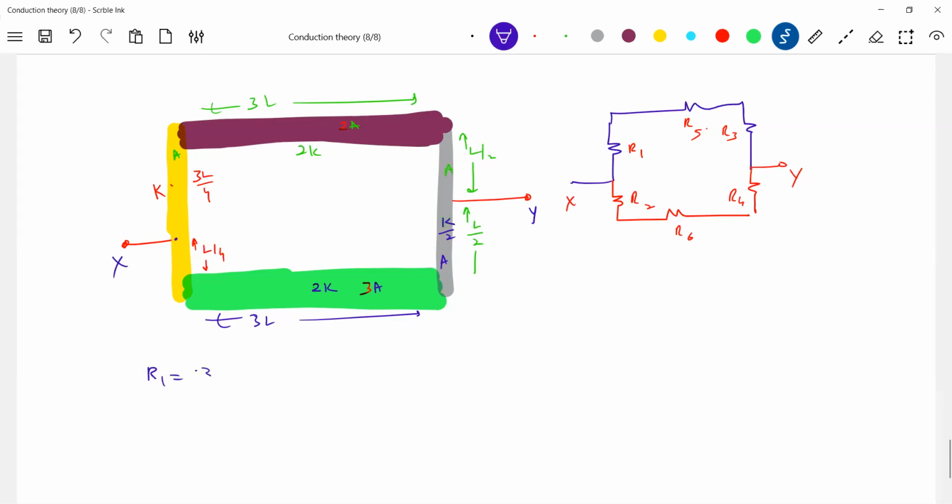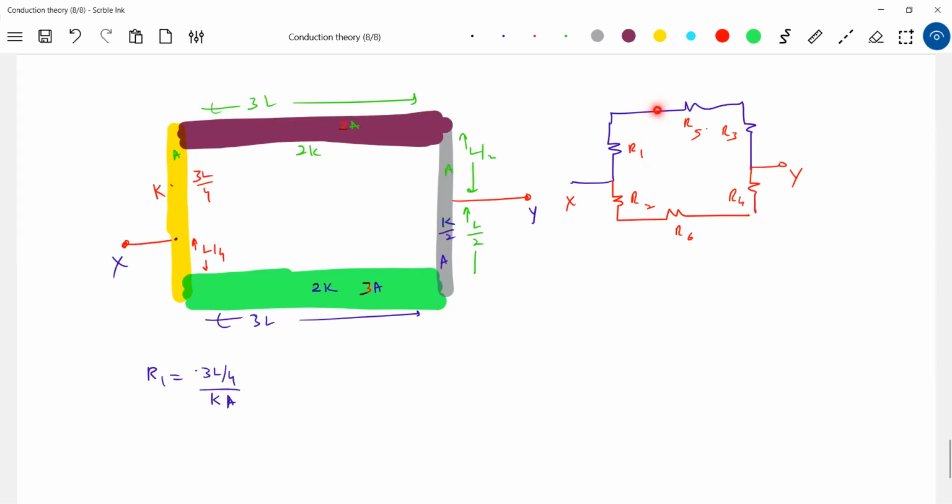How to calculate R1? R1 is equal to length 3L by 4, by thermal conductivity K and area of cross section A. And R1, R5, R3 are in series, no? We'll agree on this. Whatever heat current comes will branch here, and this same current will pass through all these three elements, R1, R5, R3.